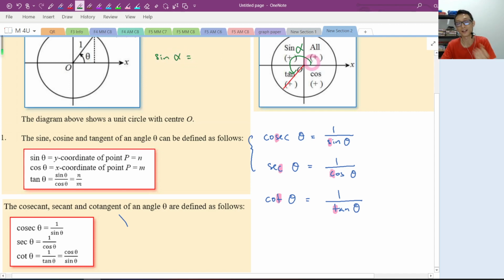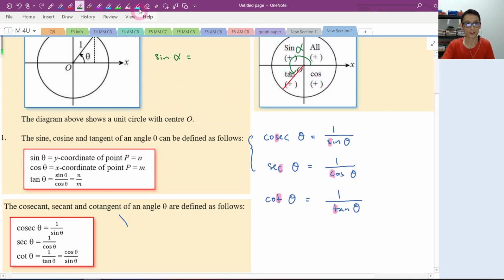Since we don't know the angle, we cannot determine the value. I just ask you what the sign of the value is, I mean positive or negative. Try to think of the sign. You remember ASTC, all, sine, tangent, and cosine, right?